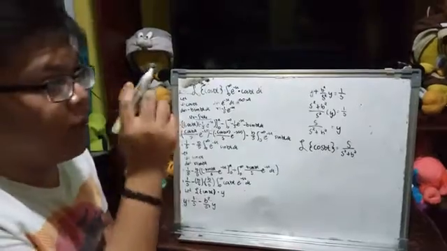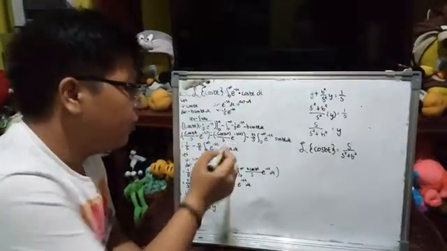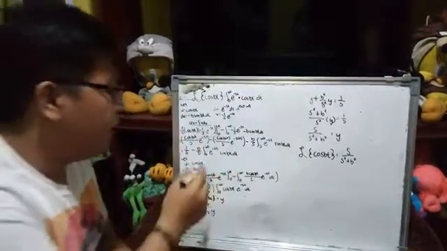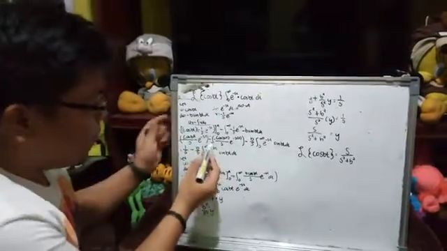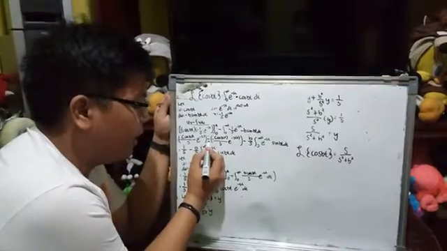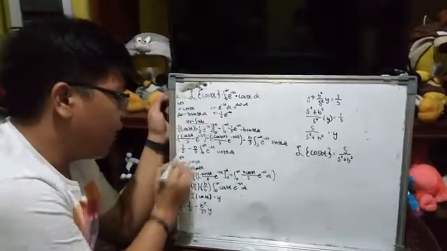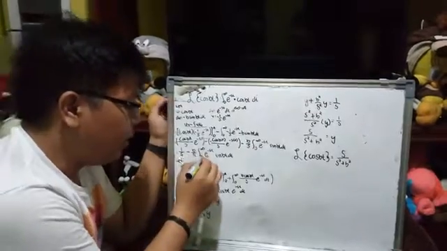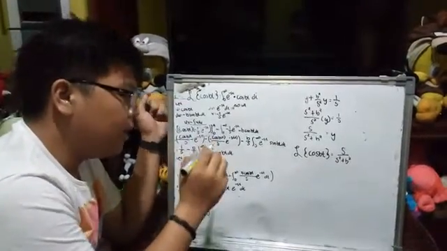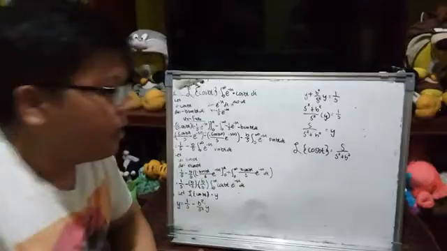So multiplying 1 and 1, we have negative 1 over s, and then multiplying by the negative sign, we have 1 over s minus b over s with the integration of e raised to negative st sine bt dt.